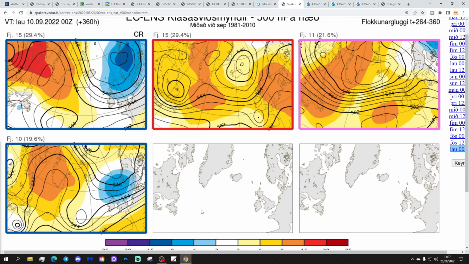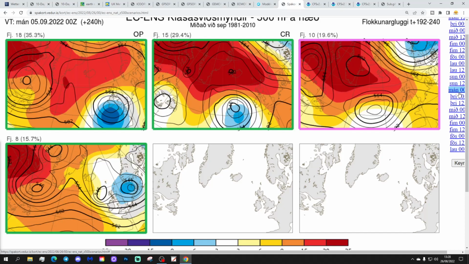I think what we're seeing here, the uncertainty within model output, is a classic example of that, with a range of options on the table. It seemed quite bizarre, but for the 10th of September you could have anything. Let's go back here.